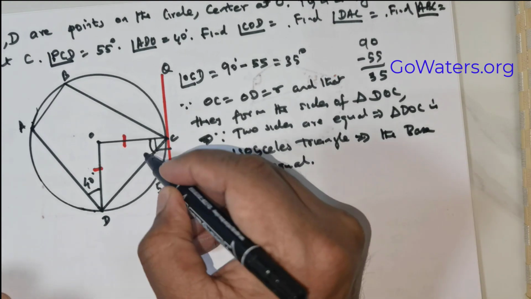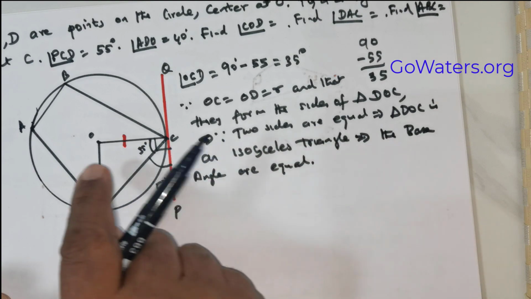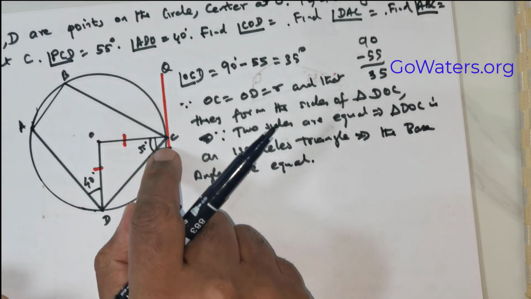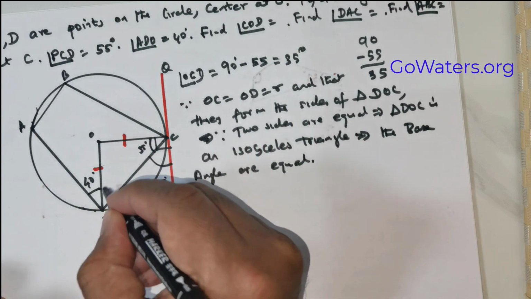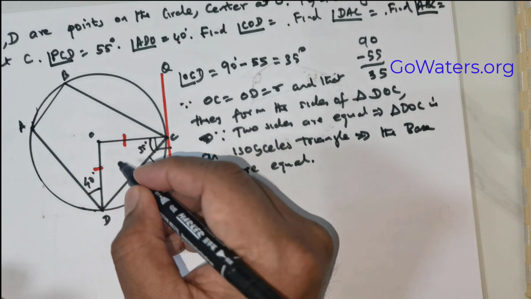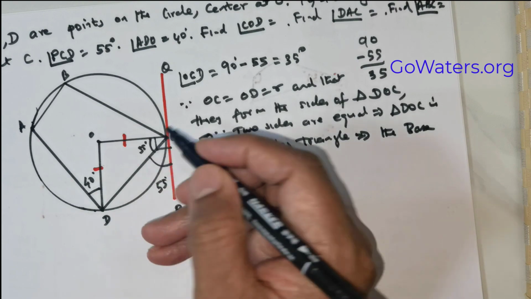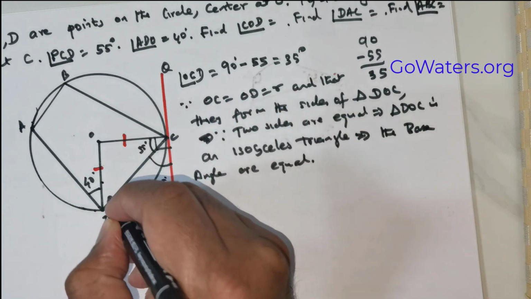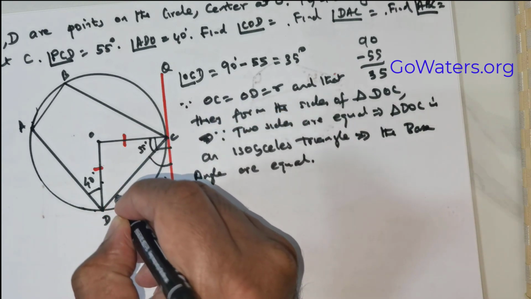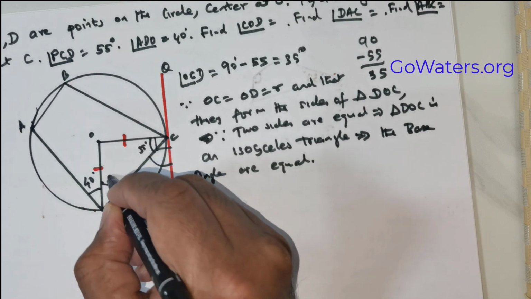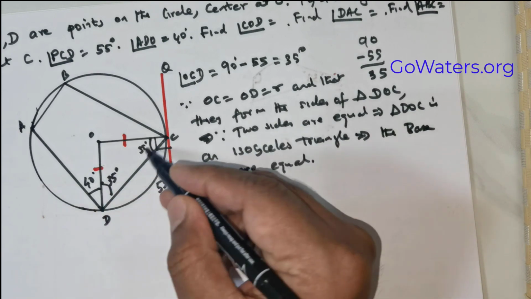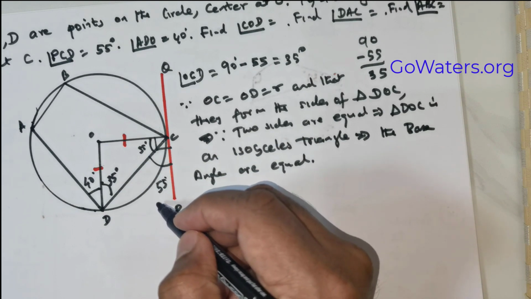So that would mean this angle which we have got is actually a base angle, created by OC. And since the lengths are equal, this part is also going to be equal to 35 degrees, because two sides are equal and it's an isosceles triangle. So these two angles will be one and the same, 35 degrees.